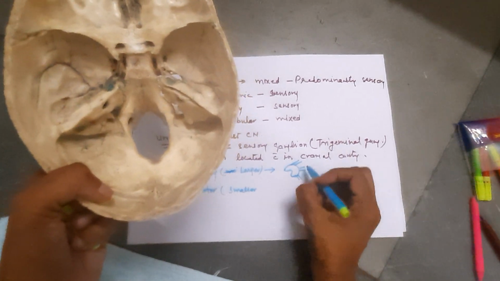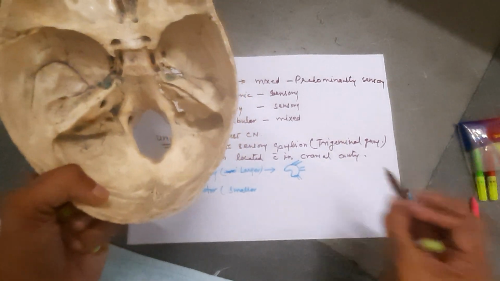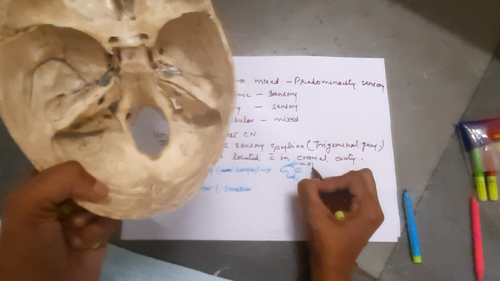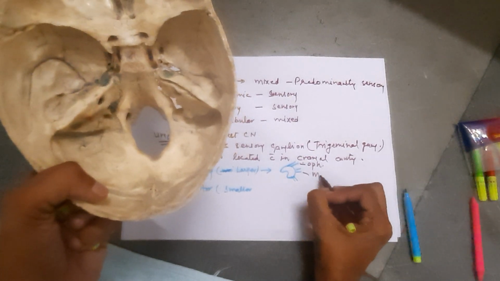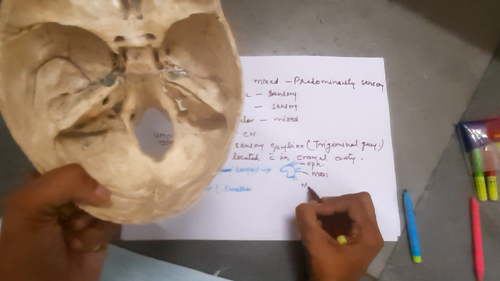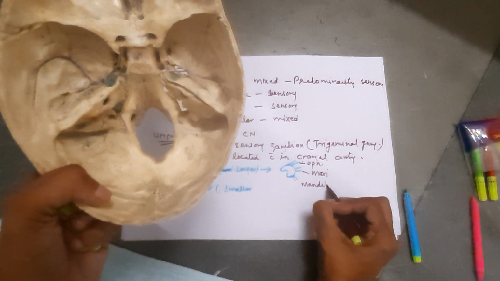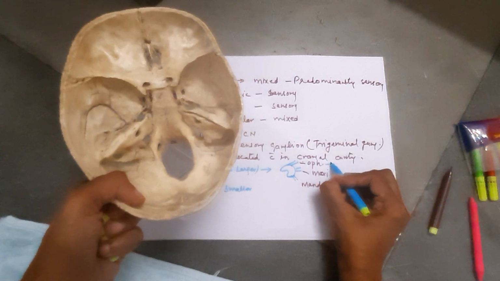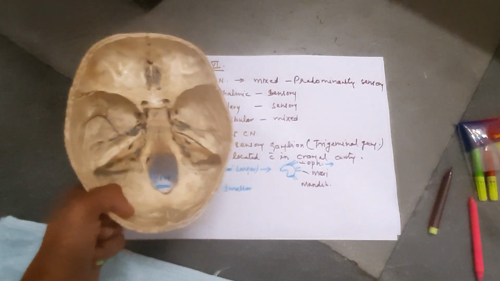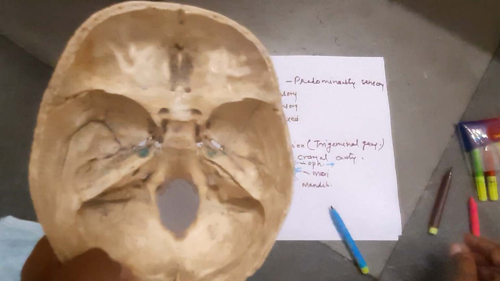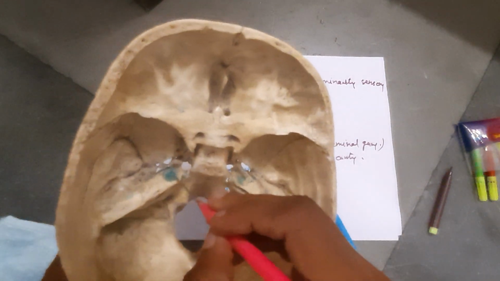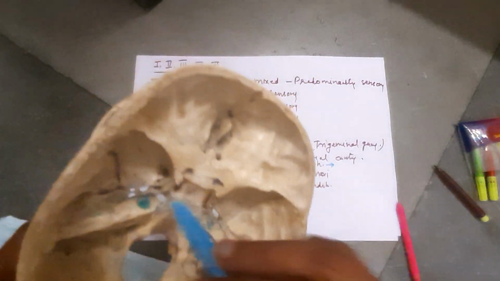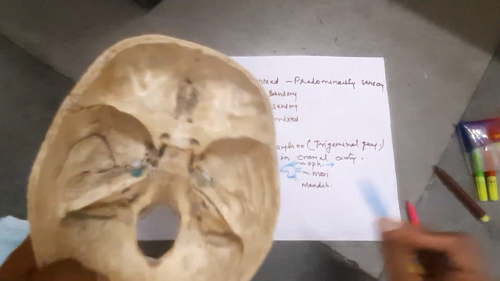These three nerves are the ophthalmic division, maxillary division and mandibular division. Okay, the ophthalmic division will pass forward and enter into the cavernous sinus.